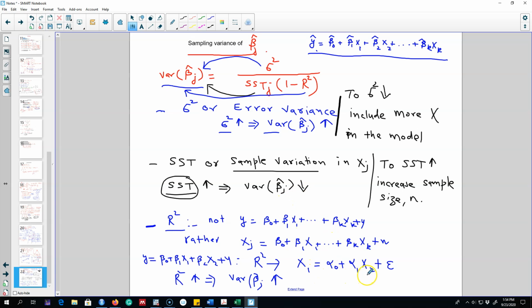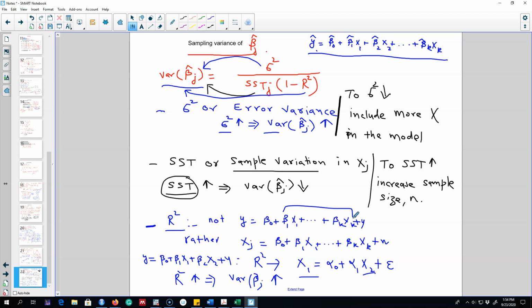We want these two variables to be uncorrelated with each other. The higher the linear relationship between them, the higher will be r squared, but this is what we don't want. We want to bring r squared as close to 0 as possible, which means we want all these x variables on the right hand side to be uncorrelated with each other. This will happen if and only if xj has 0 sampling correlation with every other independent variable.